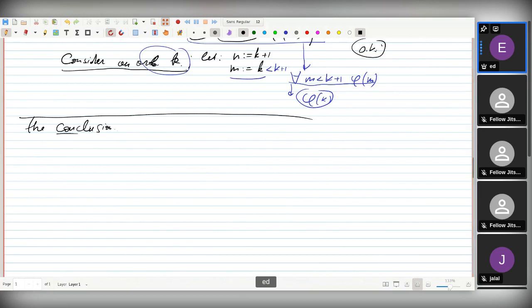After all, our theorem has been proved. The practical conclusion is as follows.